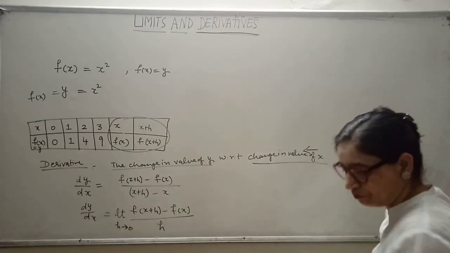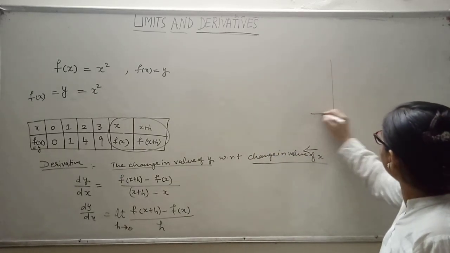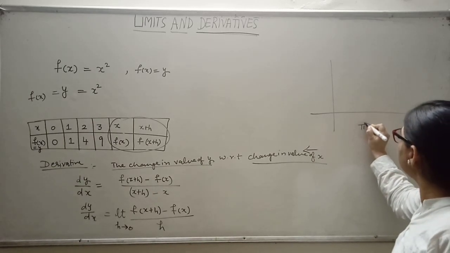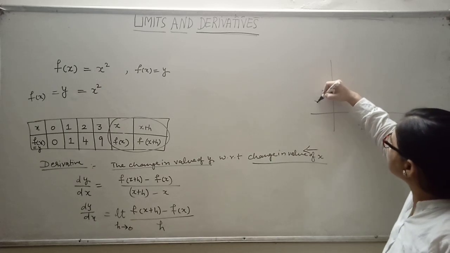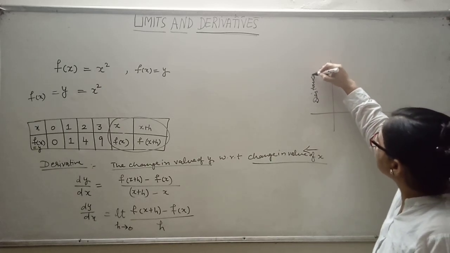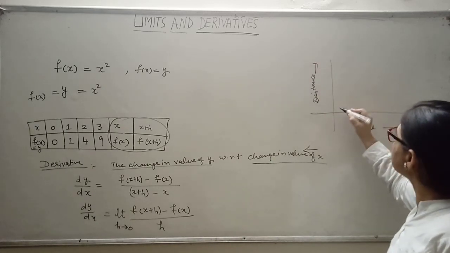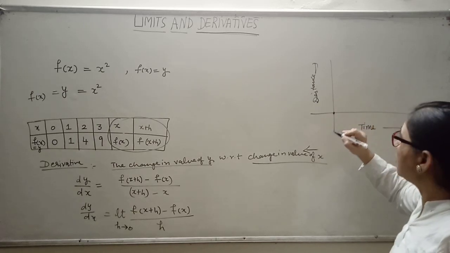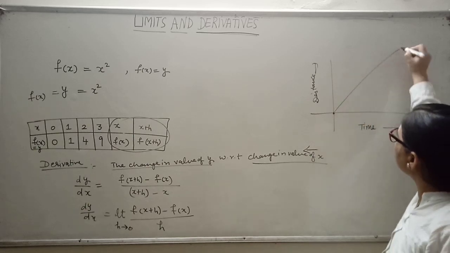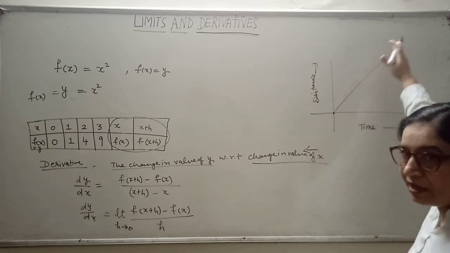As I told you, this is the time. To find out the speed, you take the graph of distance and time. Suppose at 0 time the vehicle is covering 0 distance and it's a linear graph.